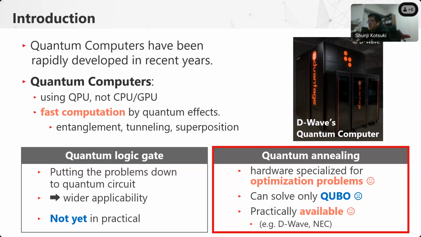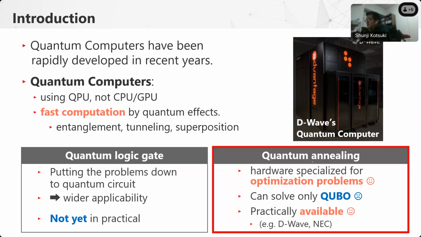The other stream is quantum annealing, hardware specialized for optimization problems. While it can solve only QUBO problems, it is practically available. Several companies produce such quantum annealers, such as D-Wave, a Canadian company, or NEC, a Japanese company. So we plan to use quantum annealing for data assimilation.